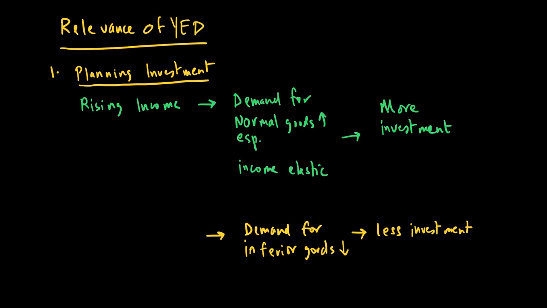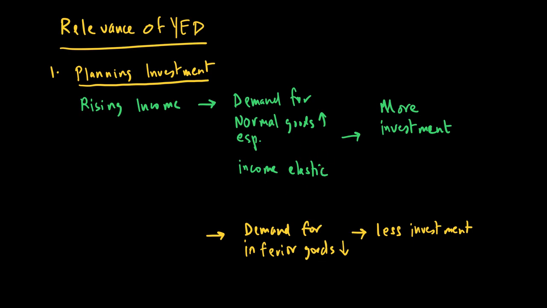Let's talk about the relevance of YED now. The first relevance of YED is about planning investment. So if an economy is doing really well, let's say incomes are rising, this is a time when people's well-being is high, the welfare is high, people have more incomes. In such times, the demand for normal goods will go up, and especially those which are income elastic.